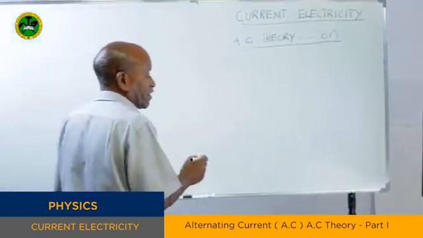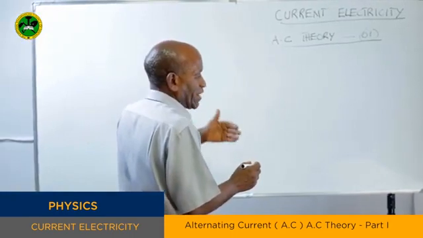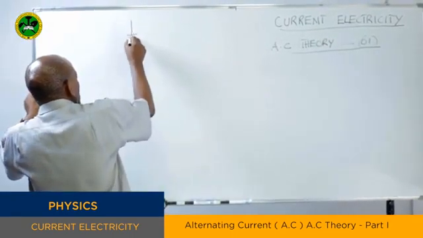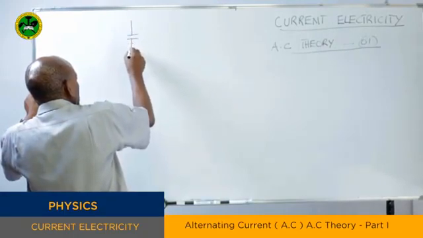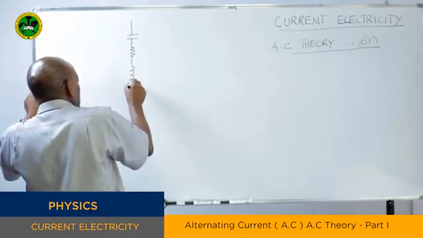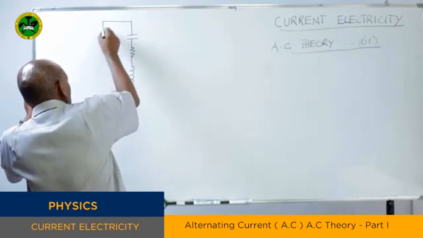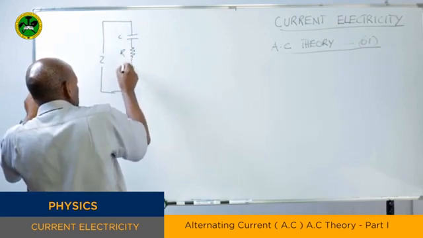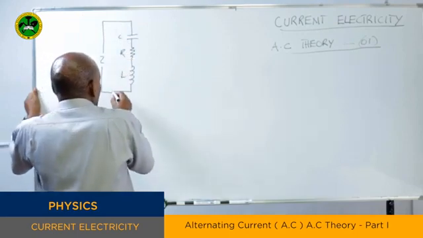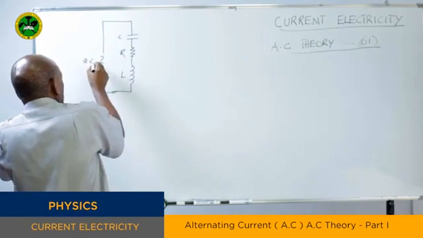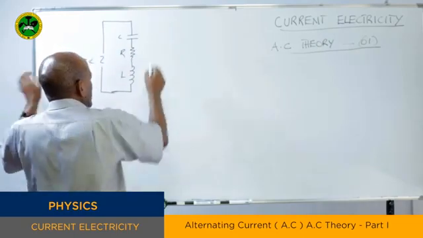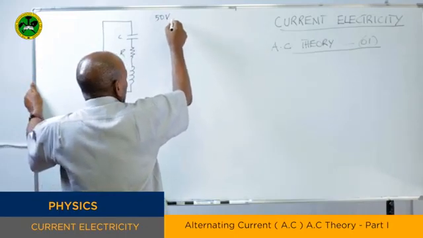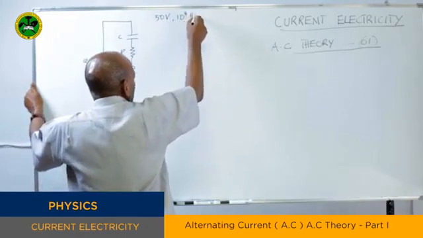Here we have a capacitor, an inductor, and a resistor connected in series across an AC source. This AC source is of 50 volts and 10 power 4 hertz.